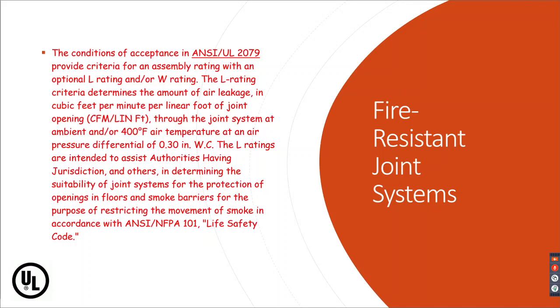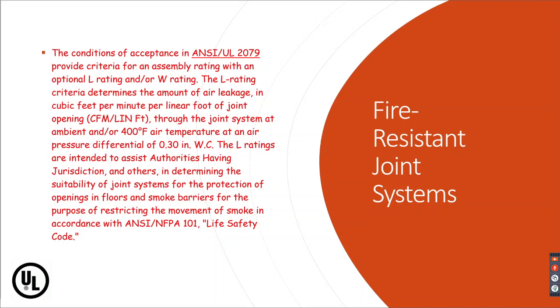So yes, we work with structural. What's the movement required for the building structurally, and then do the listed assemblies match what that movement is? In some of the high rises, for example, you might have more movement at the upper levels that's needed structurally.